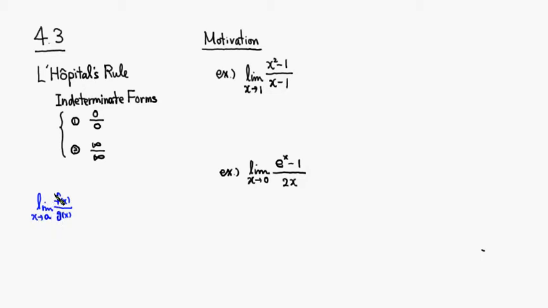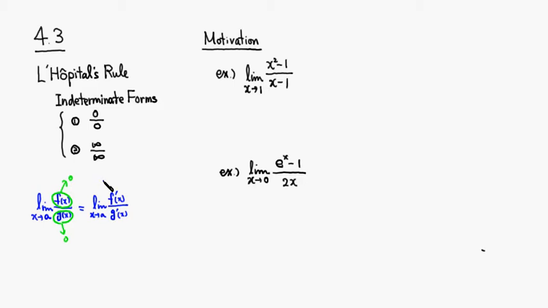If the numerator goes to 0 as x approaches a, and the denominator also approaches 0 as x goes to a, then we can do this. This limit is going to be exactly the same as the limit of f prime of x over g prime of x as x approaches a.